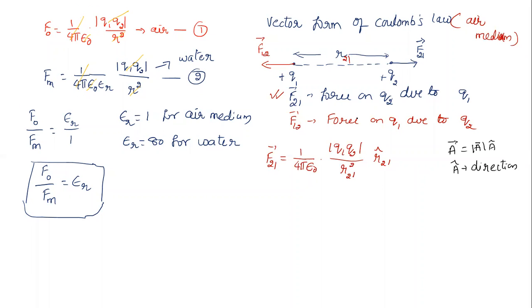F21 is the force on Q2. R21 cap is the direction vector from Q1 to Q2. Is it clear to all of you now? So this is the first vector notation.